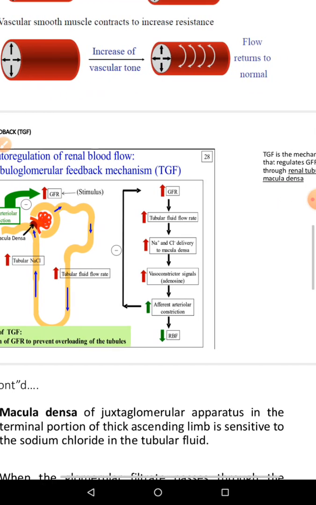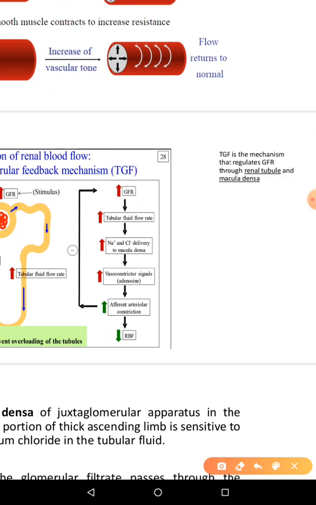Okay, I wrote somewhere here: tubuloglomerular mechanism that regulates glomerular filtration rate through the renal tubules and macula densa. If you remember the function of the macula densa when we were discussing the juxtaglomerular apparatus, we said the macula densa senses levels of sodium and chlorides.